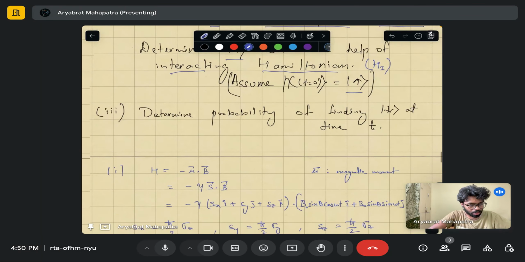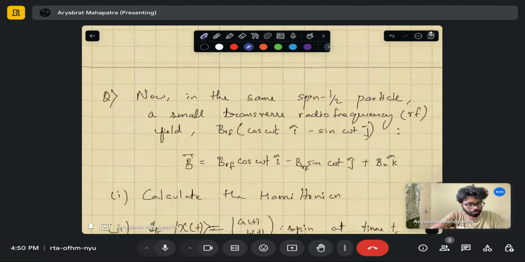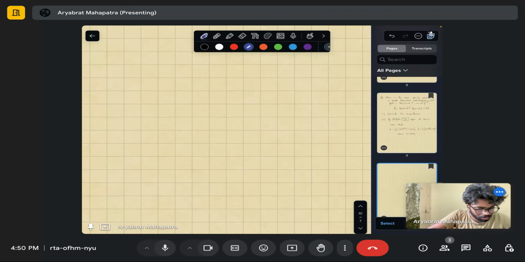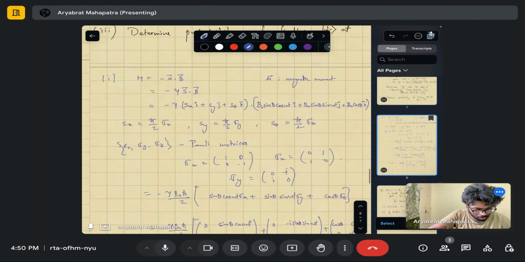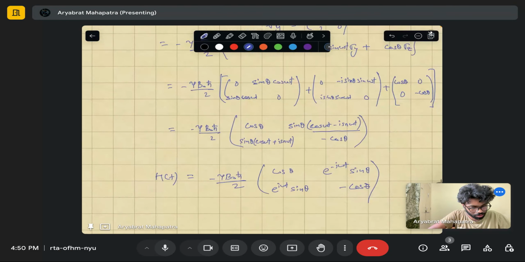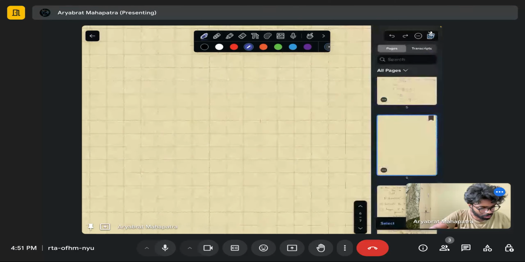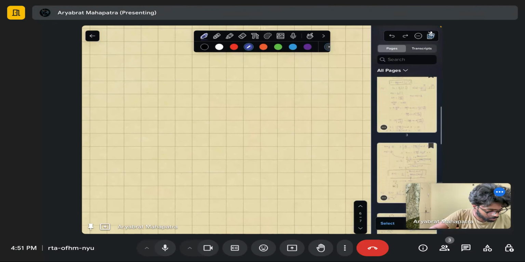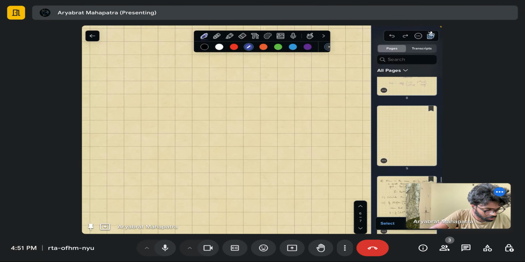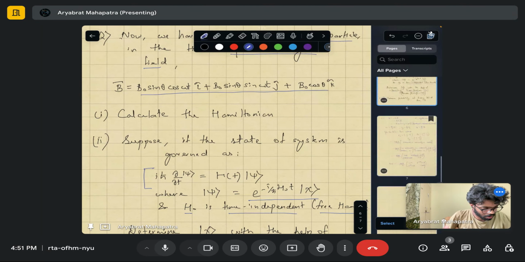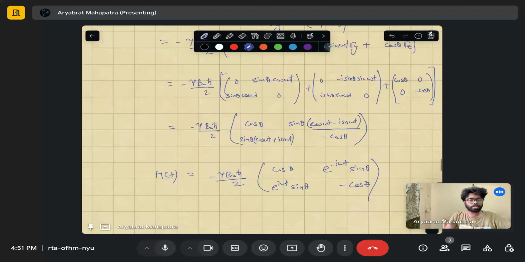One of the important things when you are dealing with a time dependent Hamiltonian is that this is not as trivial as a time independent Hamiltonian.